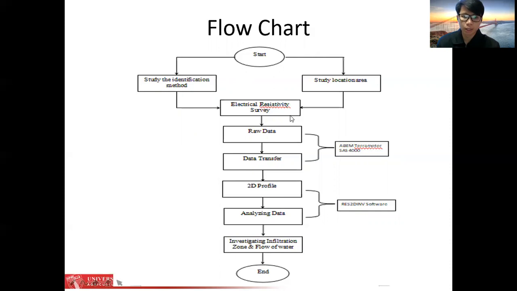Then I will select a day to do the survey and get the raw data, and transfer the data using the ABEM Terrameter into the laptop. I will gain a 2D profile using the RES2DINV software, and then I analyze it to investigate the infiltration zone and flow of water.